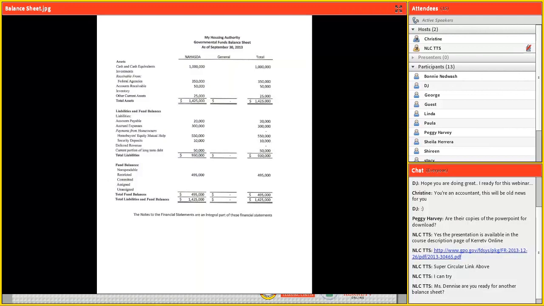Okay? The difference between this balance sheet and the statement of net position that we looked at earlier, under modified accrual, which governments operate on, is that we don't show long-term, we don't show fixed assets, and we don't show long-term liabilities.